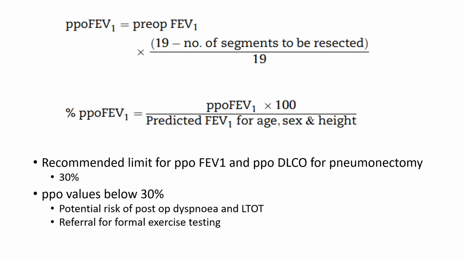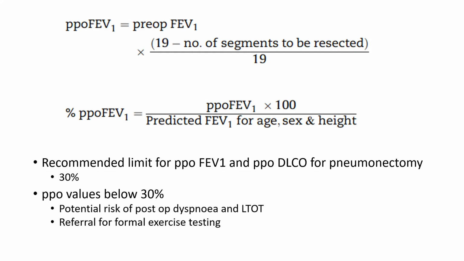Predicted post-op FEV1 estimates the FEV1 after lung resection. It can be calculated through lung segment counting. There are 10 segments on the right as well as 9 segments on the left. In a patient undergoing lung resection, this formula above can be used to come up with a predicted post-op FEV1.